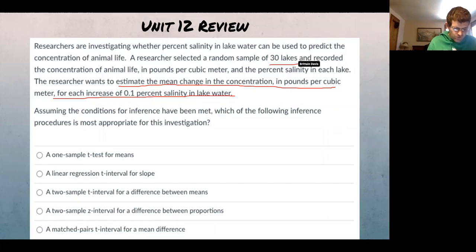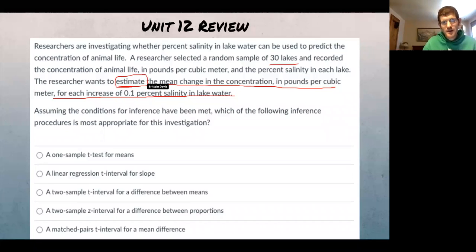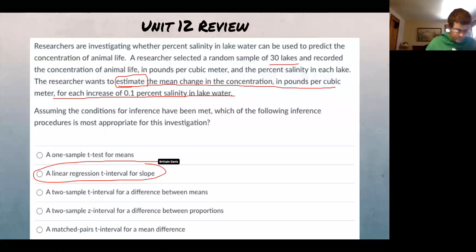So what test should we use if we want to estimate the mean change? Well, when we are estimating a specific value, it's not a test, it's an interval, because an interval will tell us that. It's going to be a rate here of expected amount of concentration added or lost per 0.1% salinity. So we're talking about slope, and this is it right here.